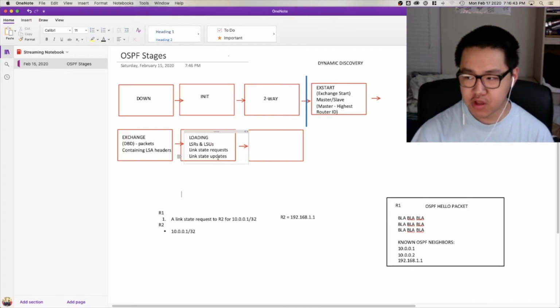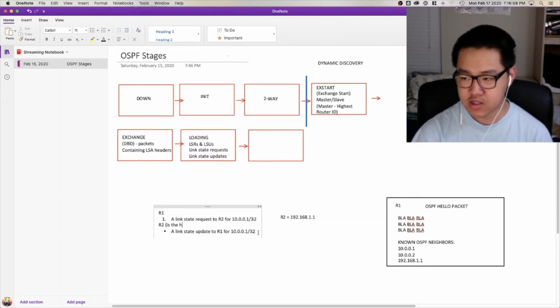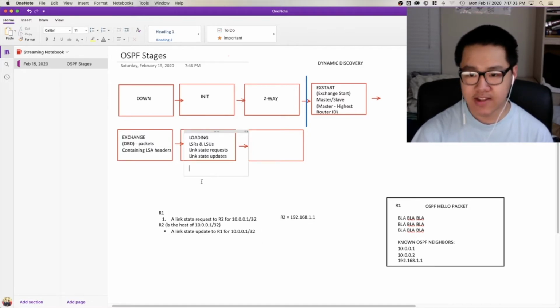And router 2 will respond with a link state update to R1 for 10.0.0.1/32. I'm going to say that R2 is the host of 10.0.0.1/32. So it's just these routers requesting routes and giving routes to each other, which is the basic way you can remember the loading state. And this happens bidirectionally between both routers to make sure that they're consistent with each other.